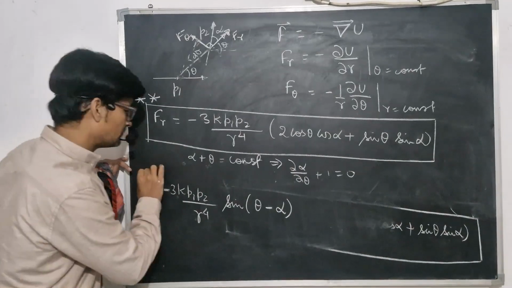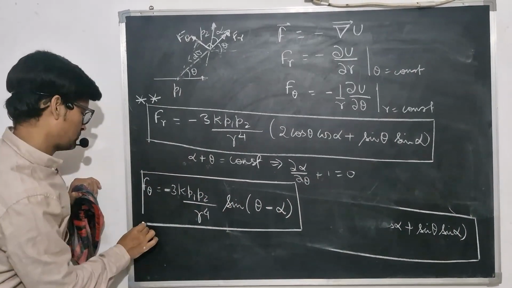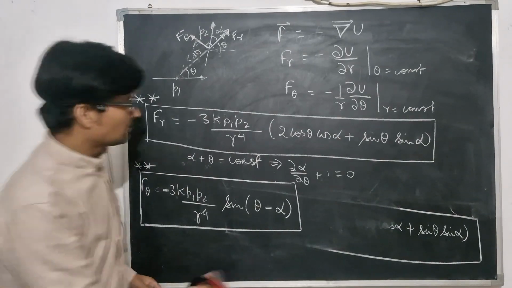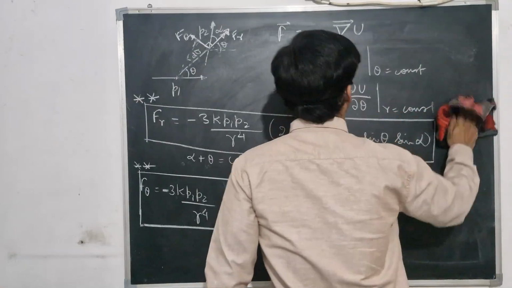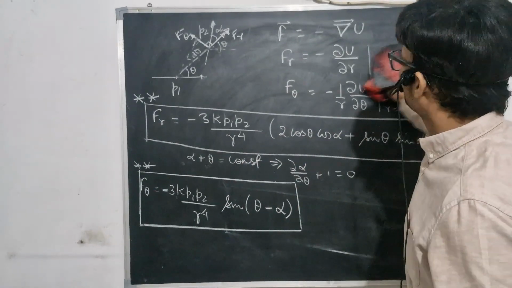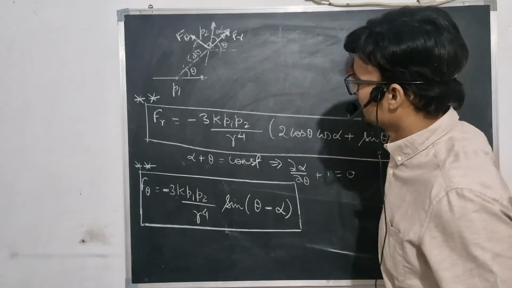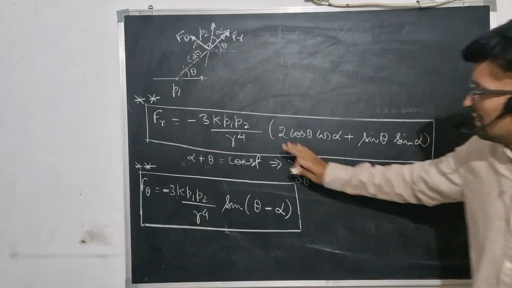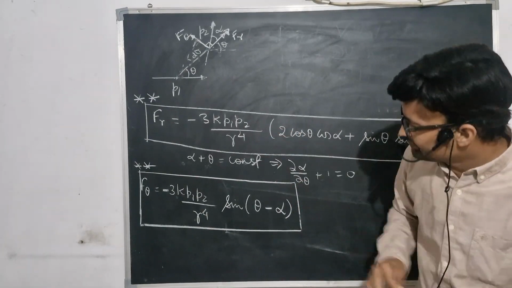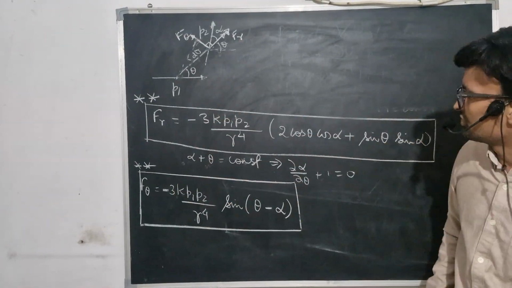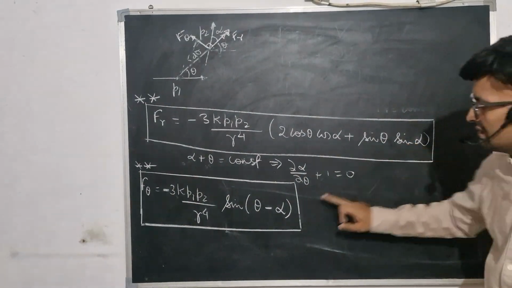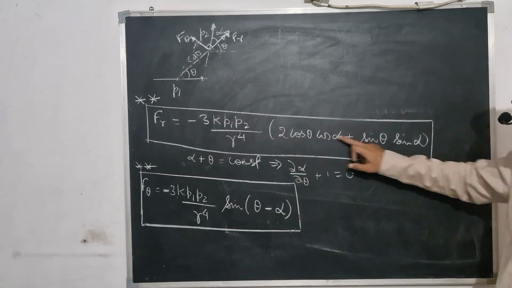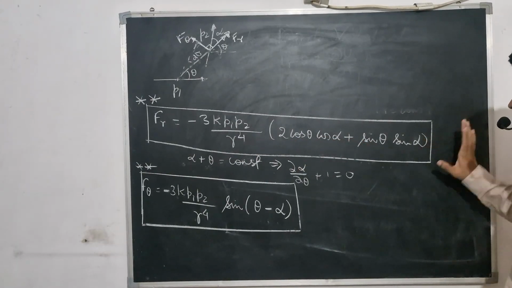I am boxing it and putting the double star. So now we have our final results, f r and f theta. It is easy to remember as well, because this term is constant. You have to remember this term for f r, and f theta is sine of theta minus alpha. And in f r, you have 2 cos theta cos alpha plus sine theta sine alpha.